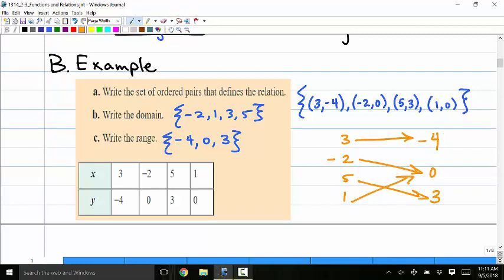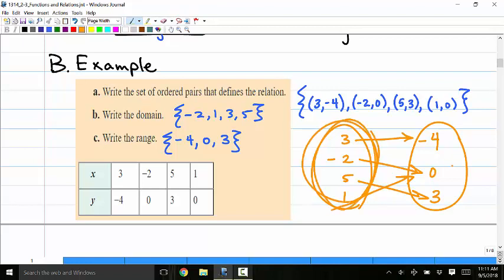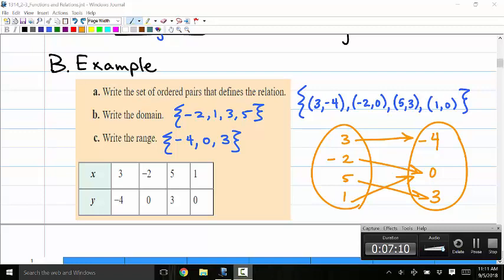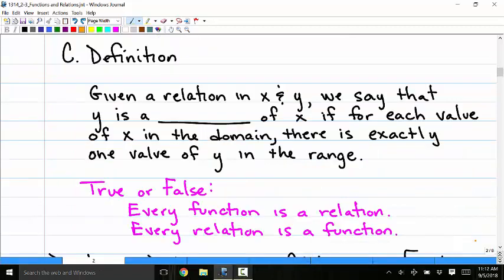And 1 goes to 0. This represents a relation. That's called a mapping representation. When you're giving a mapping, could you tell me what the domain is pretty quickly? It's this, right? The range is over here. Okay, so a relation in x and y is just a set of ordered pairs, x's and y's.